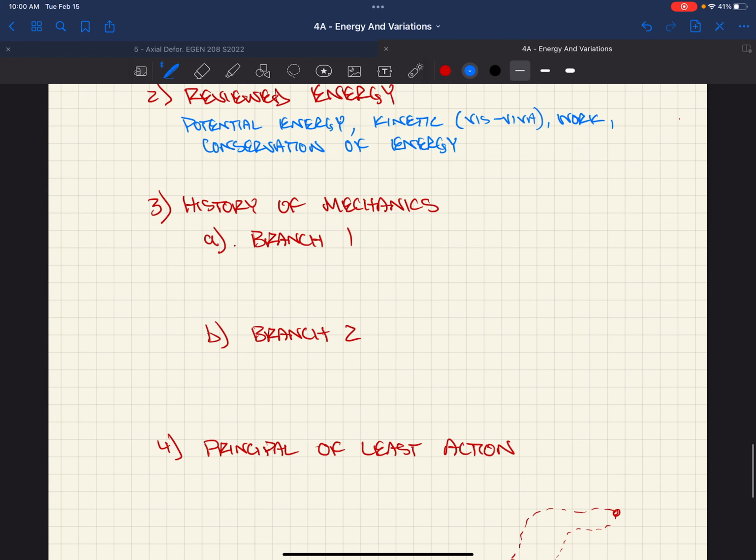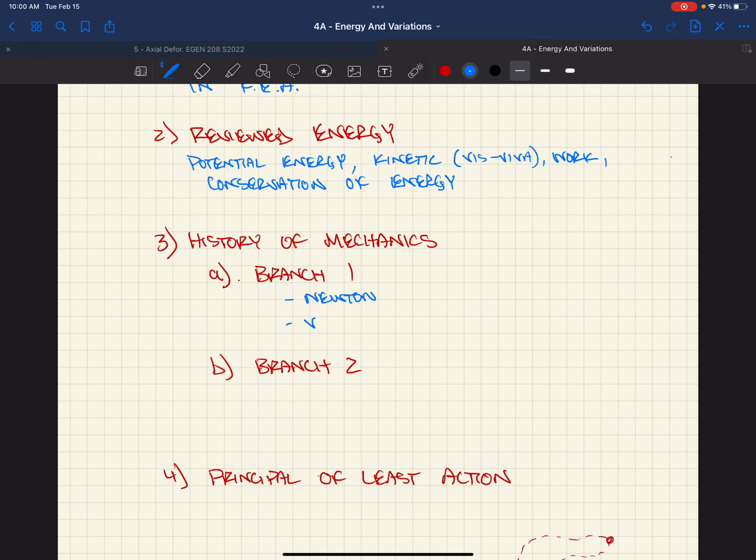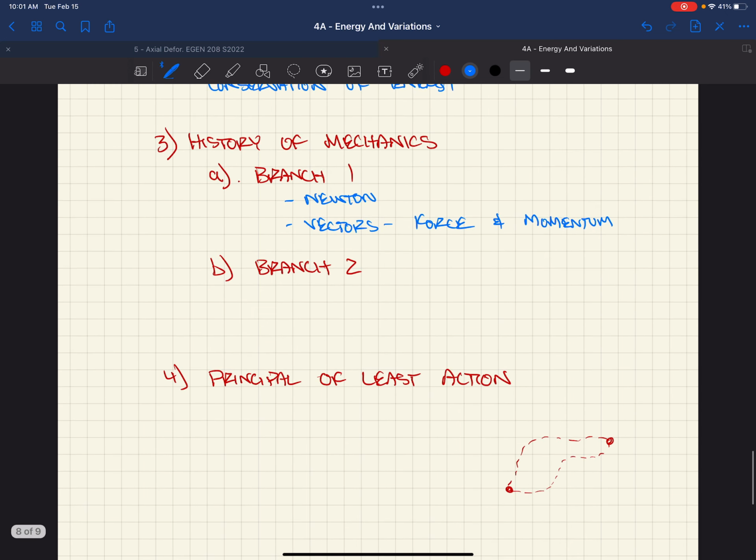With our history, we had the first branch. This is vectoral mechanics. This was Newton. We're all familiar with this from our physics classes: vectors, force and momentum. Our second branch is variational. This is Leibniz, Euler, Lagrange.